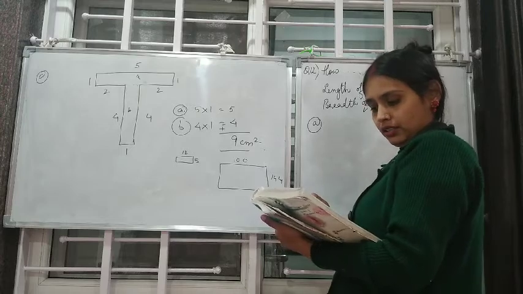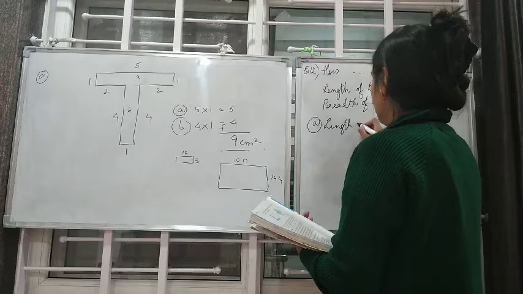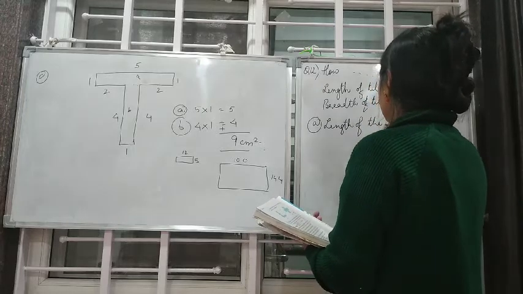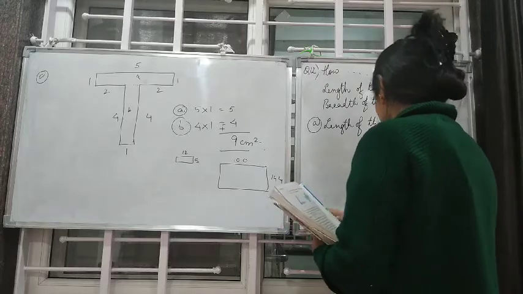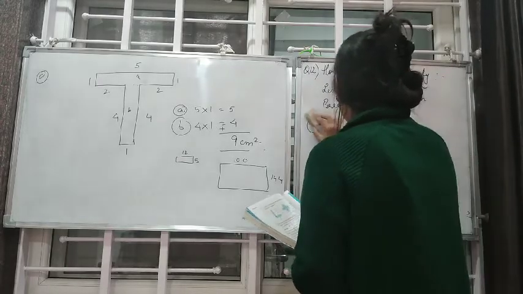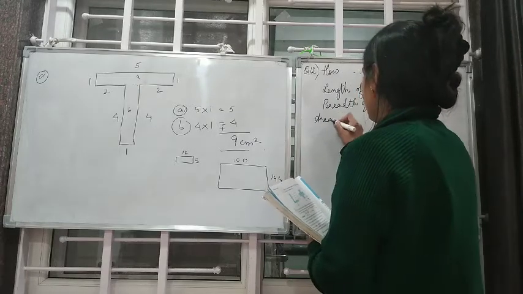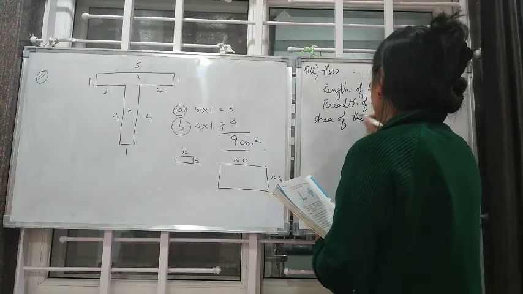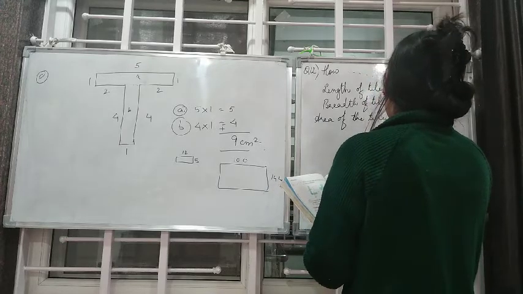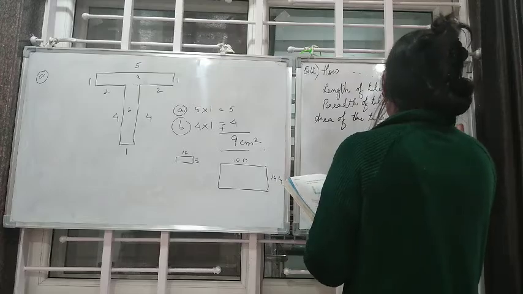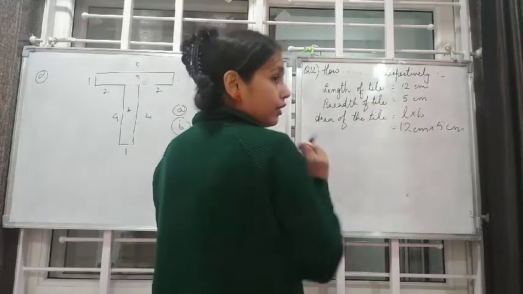Now, going to A. That is rectangular region. So length of the region. We didn't write the area of the tile. Area of the tile is equal to length into breadth, which is 12 centimeter into 5 centimeter. Let's not multiply, let's keep it. Okay.